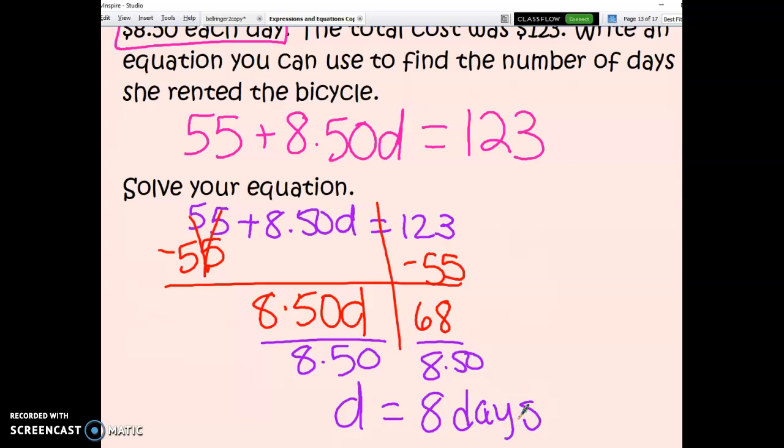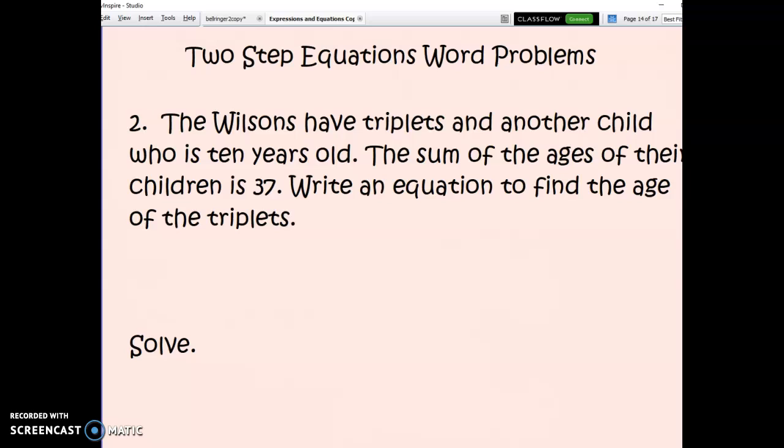Okay, our next problem: the Wilsons have triplets and another child who is 10 years old. The sum of the ages of their children is 37. Write an equation to find the age of the triplets. So first of all, we have triplets. That means we've got 3 children.